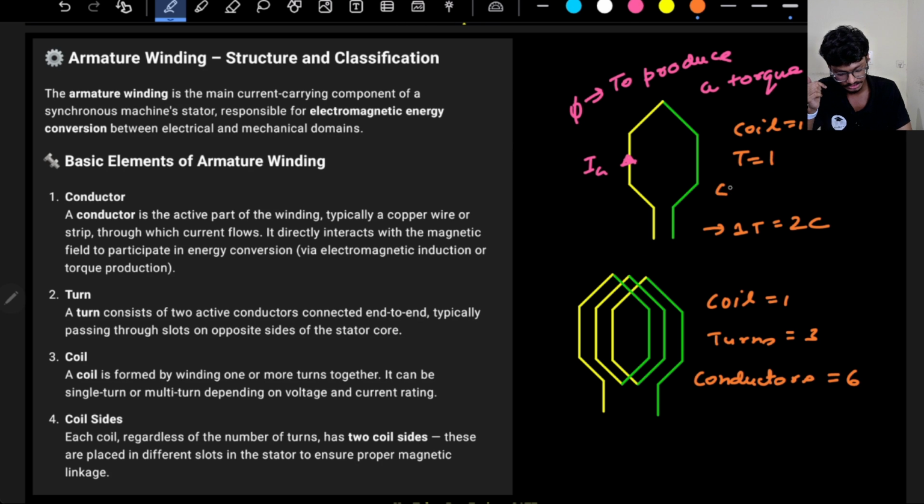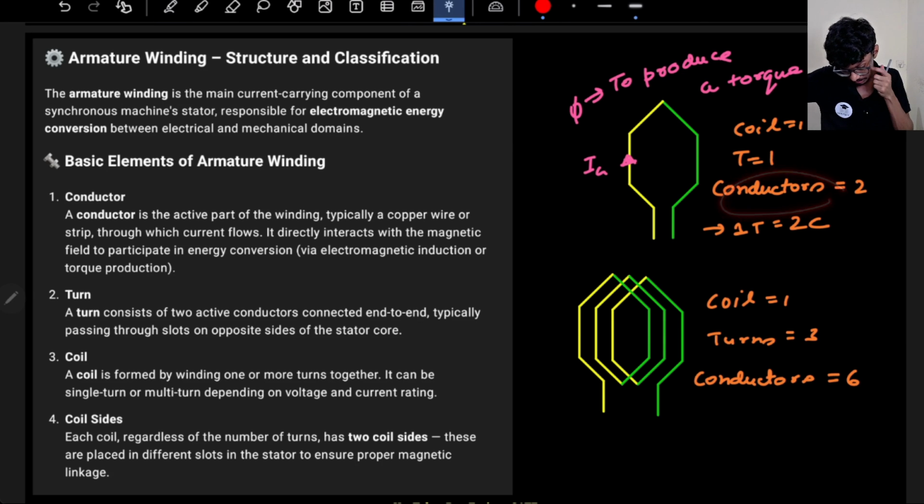The number of conductors is 2. So we have 2 conductors and it's a single turn coil. So how many coil sides do I have? Here I have 2 coil sides. Here also I have 2 coil sides.